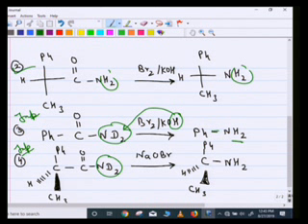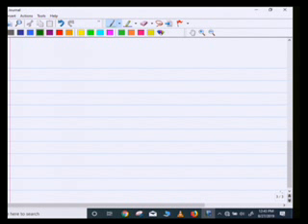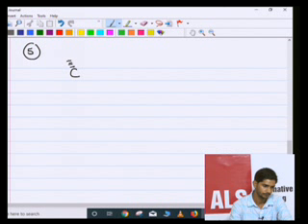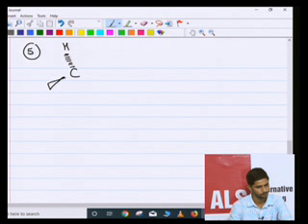Okay. So guys, let's move on to the next. I'll give you 2 more questions and you have to solve them. This is a wedge and dash representation of the bonds.